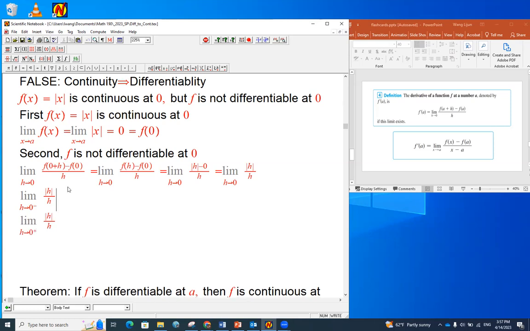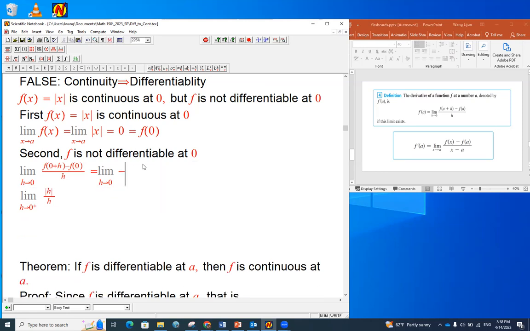When h is approaching 0 from smaller than 0, the absolute value of a negative number is its opposite. Because h is negative itself, a negative h divided by h is negative 1.